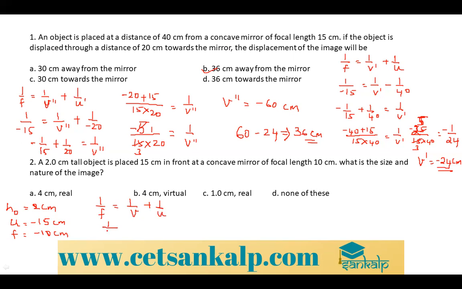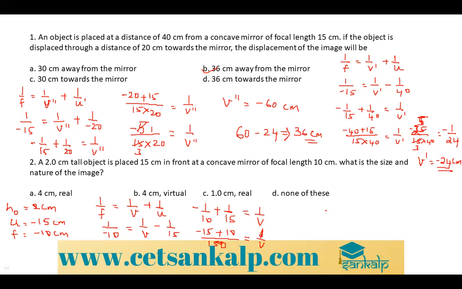So 1 by minus 10 is equal to 1 by v minus, because there is already a minus there, that's why I am writing directly. 1 by 10 plus 1 by 15 is equal to 1 by v. So minus 15 plus 10 divided by 150 is equal to 1 by v.